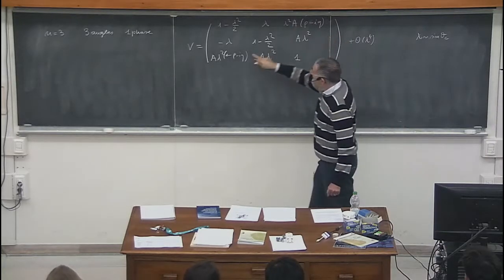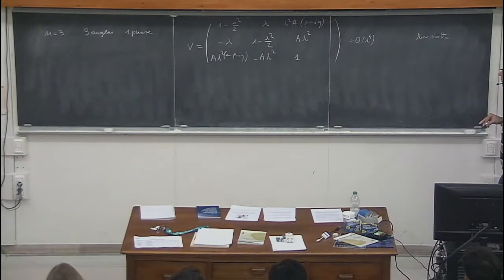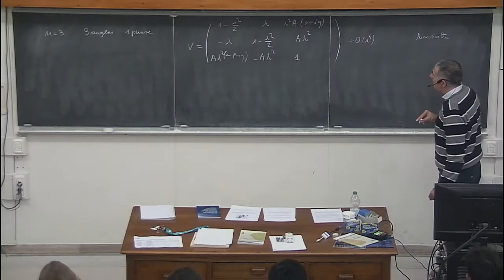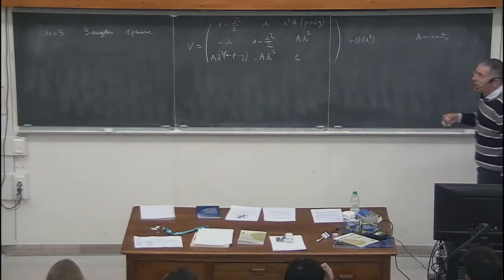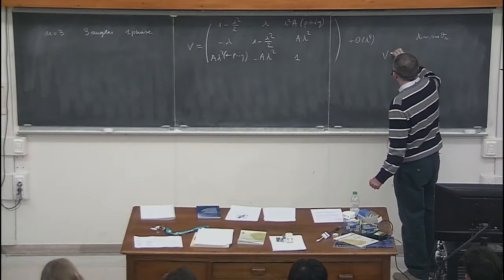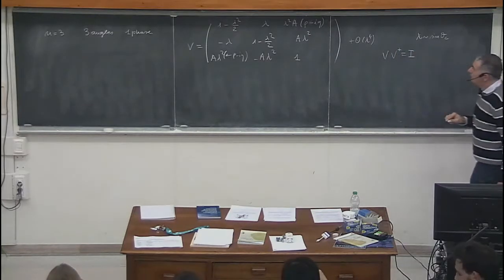And of course, this parameterization is achieved by requiring unitarity of the matrix V. You remember that unitarity is what guarantees that there is no flavor-changing neutral current around.